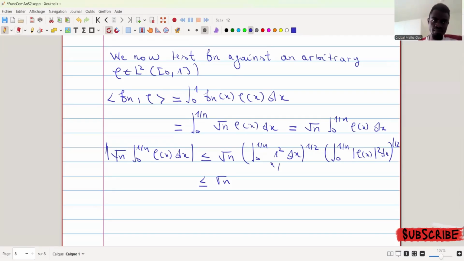If you put the half power, it is going to be the square root of n, and you have the remaining quantity, this one.